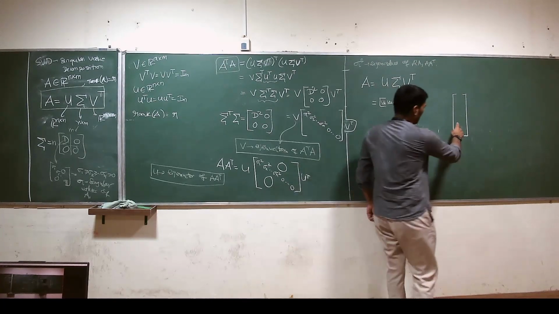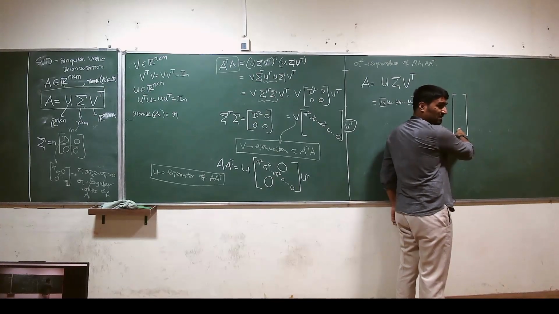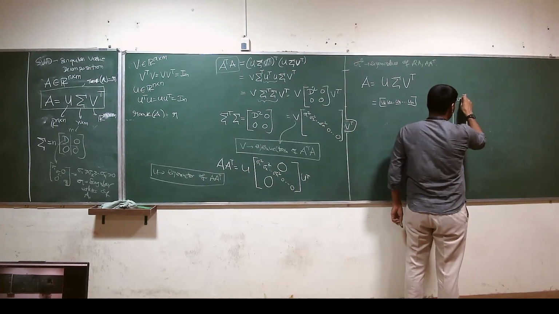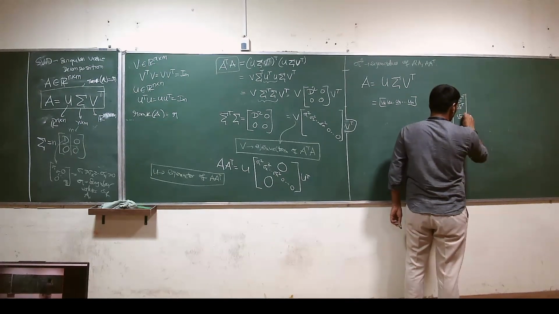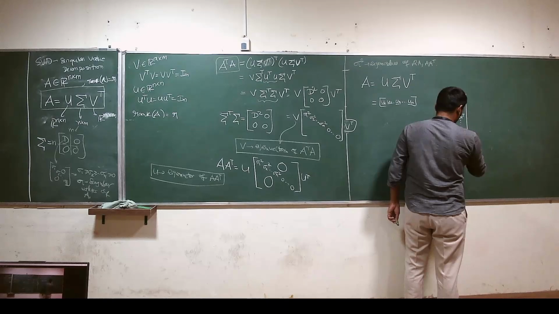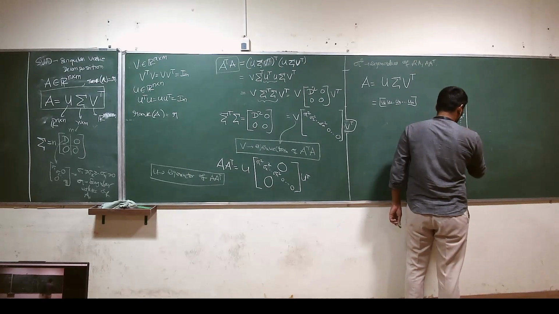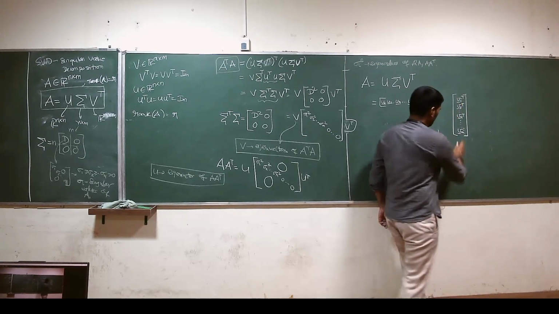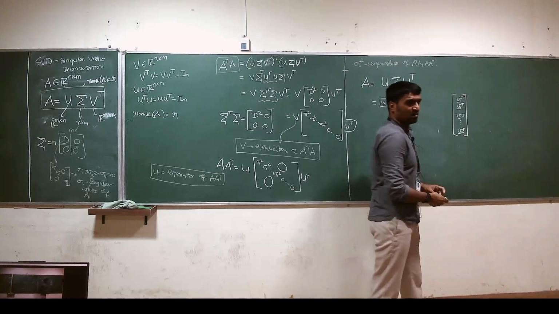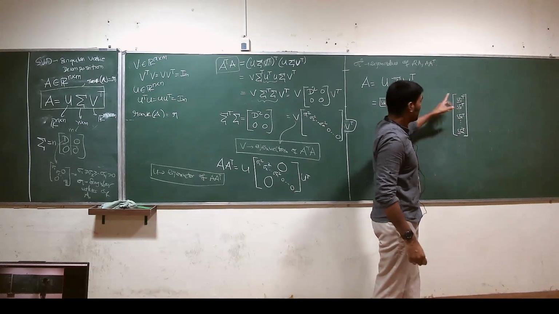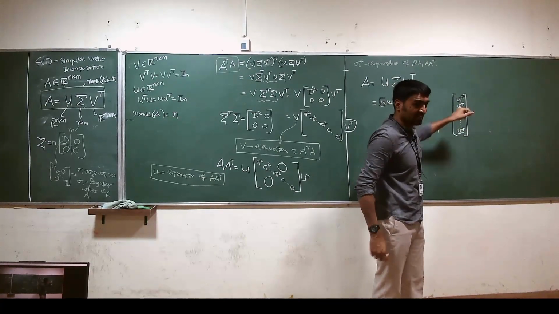Okay. What about the rows of V transpose? They will be V1 transpose, V2 transpose, VR transpose, VM transpose. Note this is V transpose, not V. That's why I've not put the tilde.